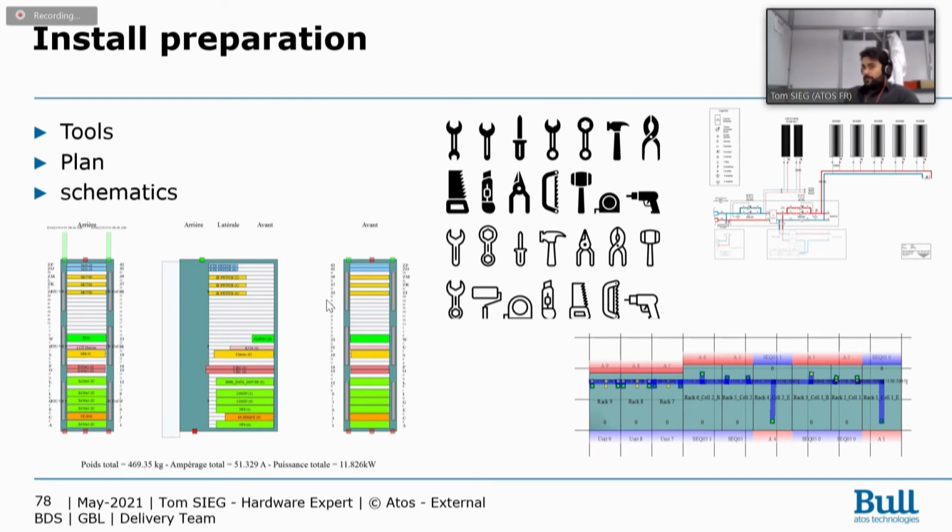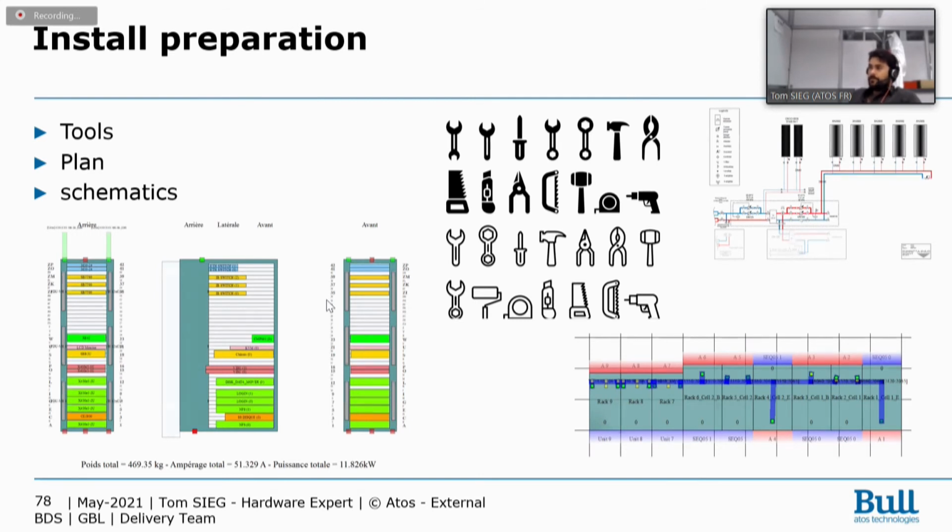So carry tools, plan, check the plan, the racking, the room layout, the hydraulic and electric plans, schematics, to be sure all your installation will fit into the data center.